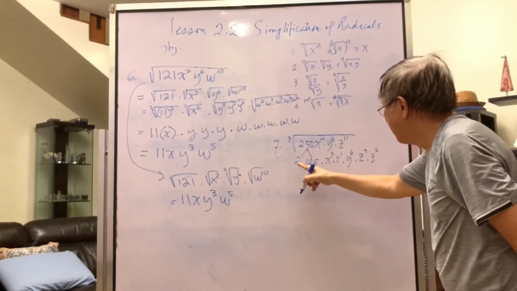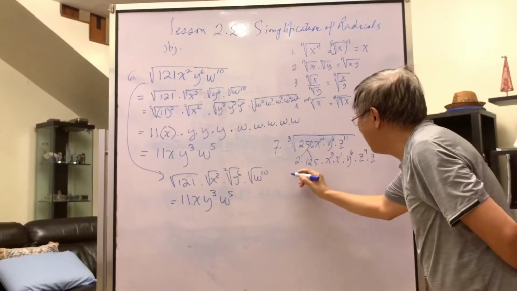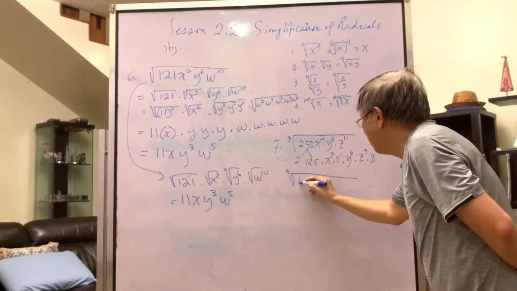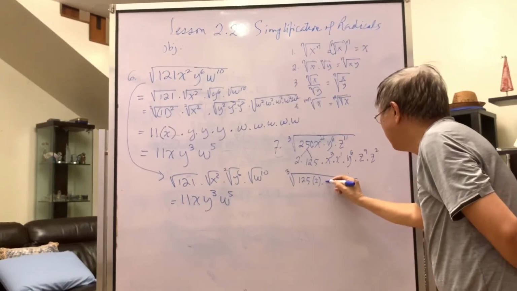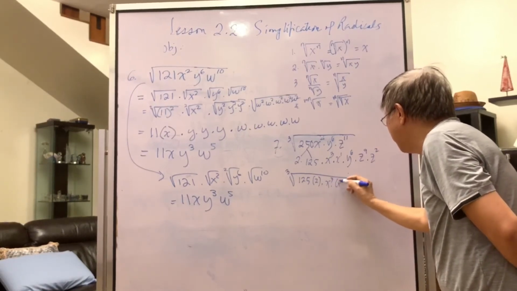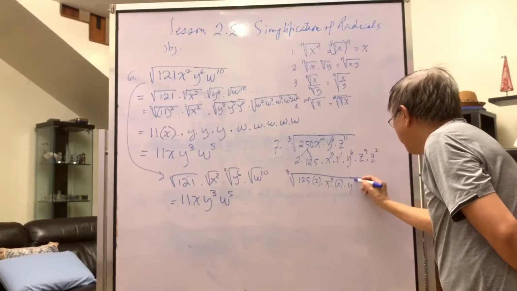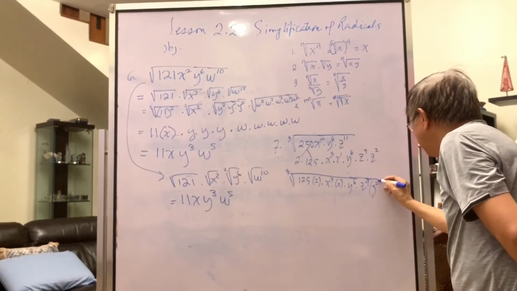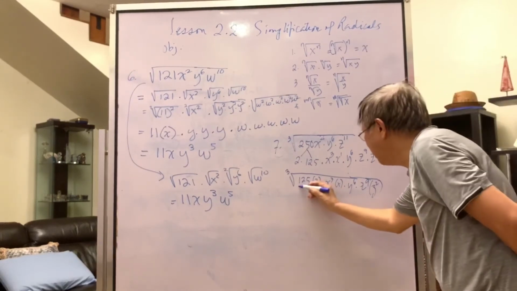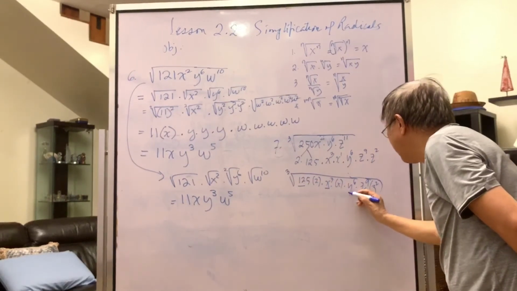Simplifying this, I can now have the cube root of 125 times 2, and then this is x cubed times x, y to the 6, and then z to the 9 times z squared. All of these are perfect cubes.